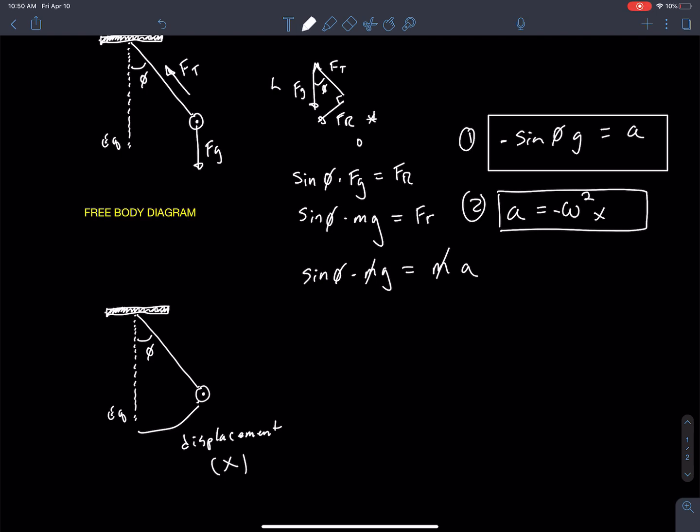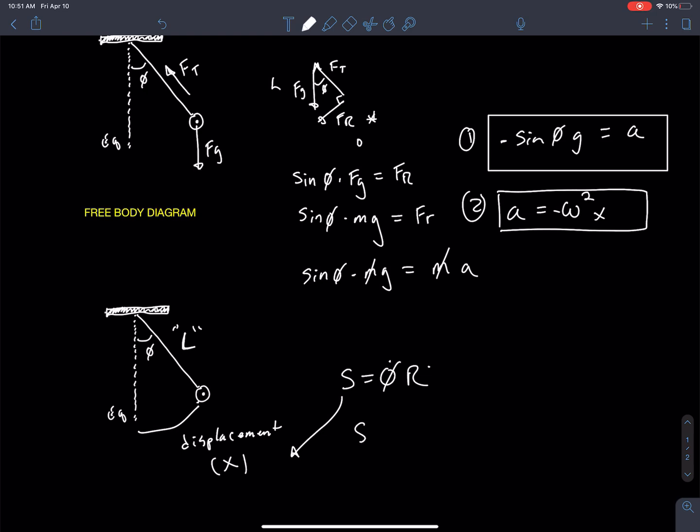At a very small angle it would be completely horizontal, but let's say that we're going to measure that displacement properly. What you should have learned in math class is that if you measure that angle in radians, s is equal to theta r is an important equation. That s is my arc length, theta is the angle in radians, and r is the length of that pendulum.